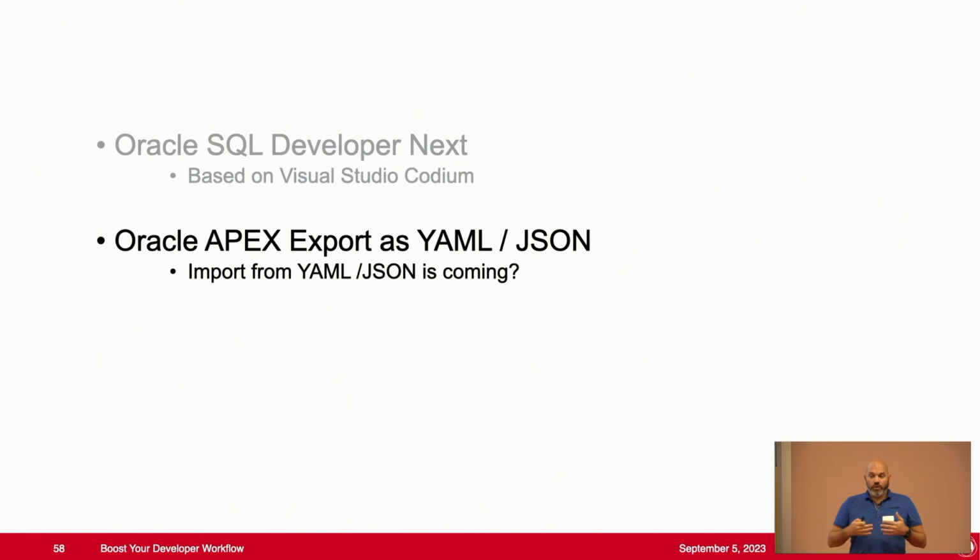What I'm waiting for is the moment it can be imported as YAML, because then I can do my modifications, even for a region or another component, within my Visual Studio Code and send it to Apex. That's planned. It won't arrive in 23.2, but it's being worked on. Nice.